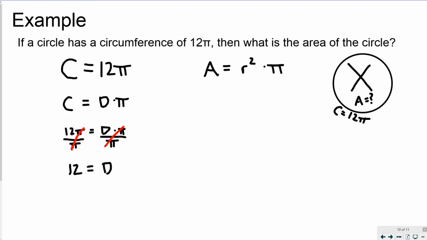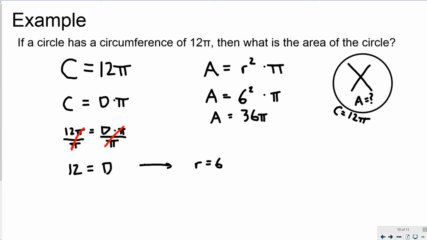So if 12 equals the diameter, that implies that the radius is again 6, because the radius is half of the diameter. So then I can plug into my formula of area. The area is equal to 6 squared times pi. So area is equal to 36 pi.